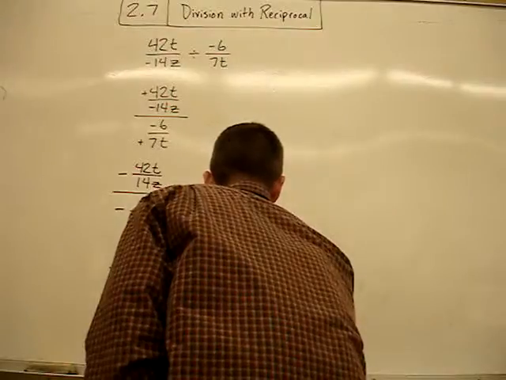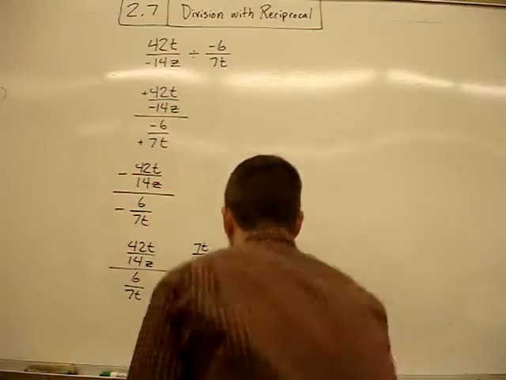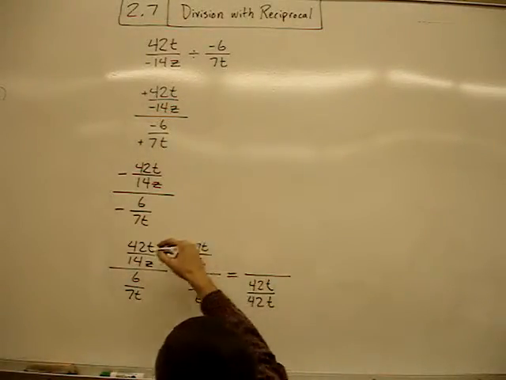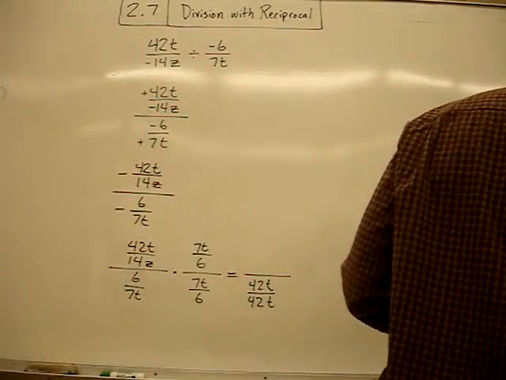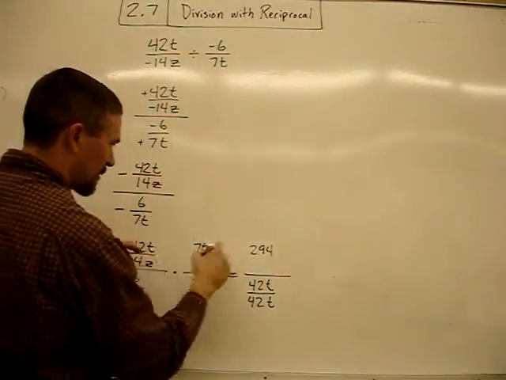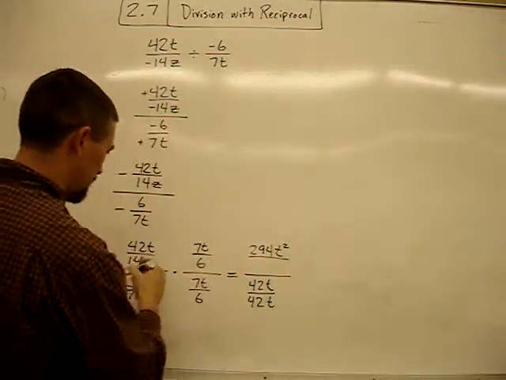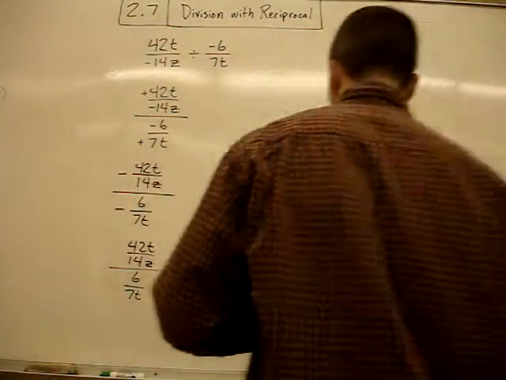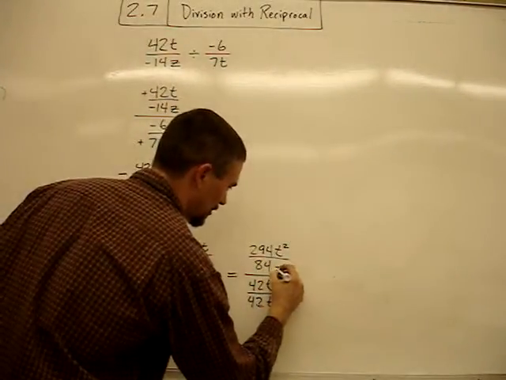6 times 7, 42, and the t, so 42t over 42t, and on top we've got 42 times 7, 294. 294, t times t is t squared, and 14 times 6, 84, and the z is still involved in that multiplication, so it tags along.